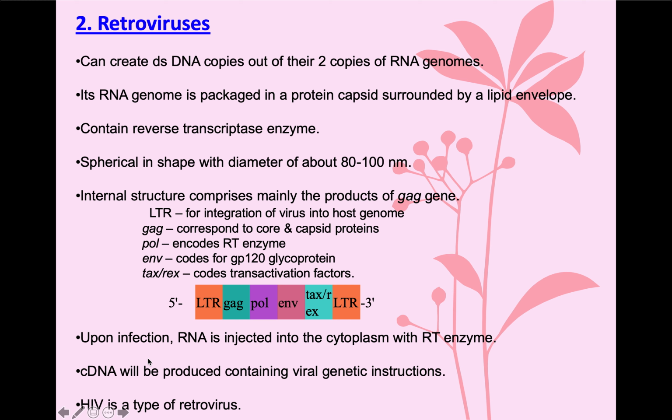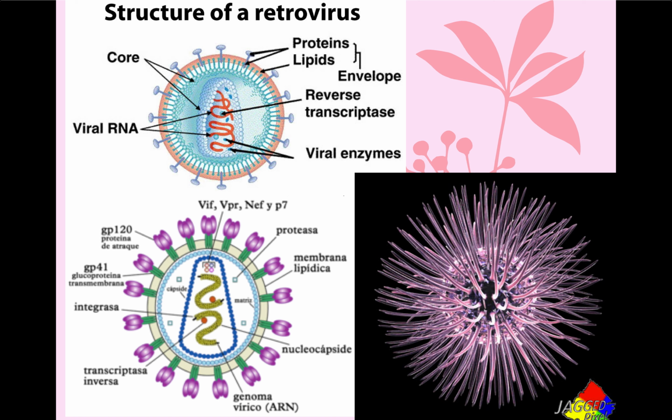Once infection occurs, the RNA is injected into the cytoplasm with the RT enzyme, and the cDNA will be produced containing viral genetic instruction. An example of a retrovirus is HIV, or human immunodeficiency virus. So this is the structure of the retrovirus.